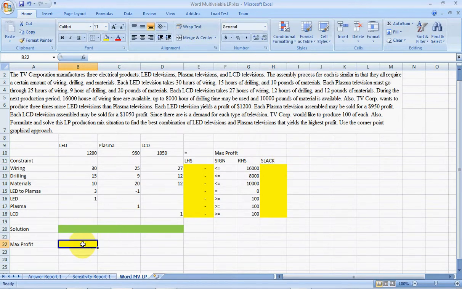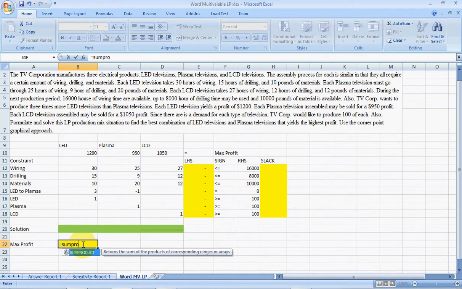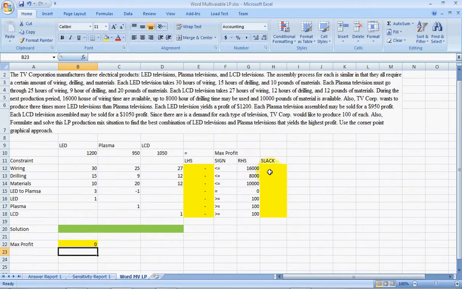So let's do max profit. It's still going to be sumproduct. It's still going to be our solution, but it's going to go up to our max profit equation. We don't need to lock that because we're not dragging that anywhere. So that's done. And then slack is just the right hand side minus the left hand side, and we can drag this down.